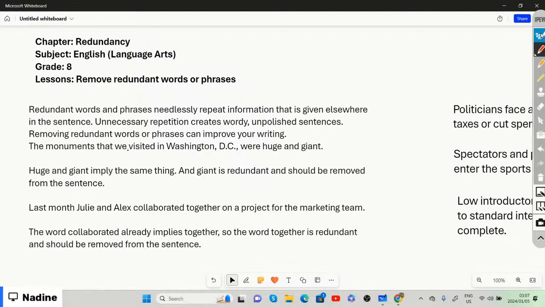But what happens is that it just creates unnecessary repetition, wordy, lengthy, and unpolished sentences because you're basically just repeating. And the more you repeat, the more you lack the essence of what your writing needs to be about.